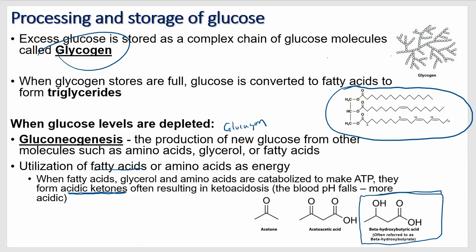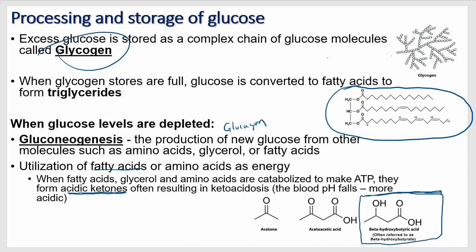beta-hydroxybutyric acid. They call these volatile, because they easily move into the air, and they are aromatic, so they have a smell. A lot of times people that are starving will have this fruity smell because of the ketones being dissipated into their breath, since they're volatile.